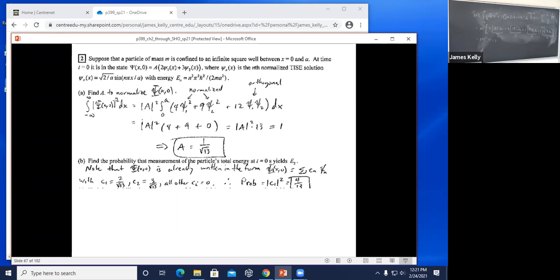Psi 1 already has the root 2 over a in it. So whatever the coefficient is, which is 2A, that's 2 over root 13, is C1. And so when I square that, I get 4/13 for the probability. Oh, that would be for E1, right? E2 is going to be 3 times A, or 3 over root 13. And when I take the magnitude squared of that, I get 9/13.